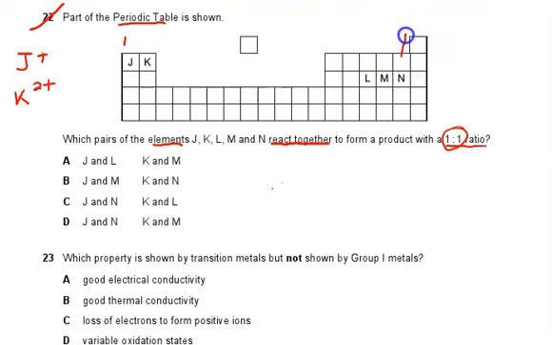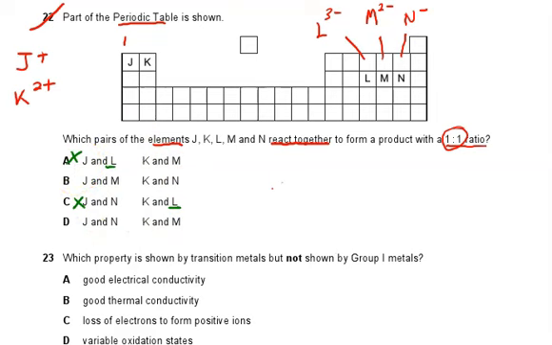The N here is N negative 1, M is M 2 negative, and L is 3 negative. So L is impossible to form a 1:1 ratio with J and K. So there is no L over here.